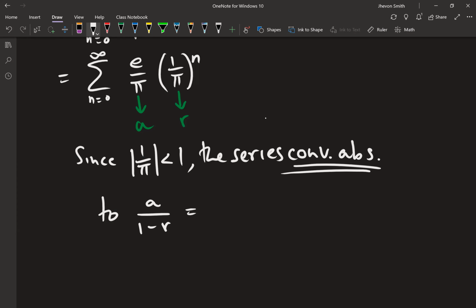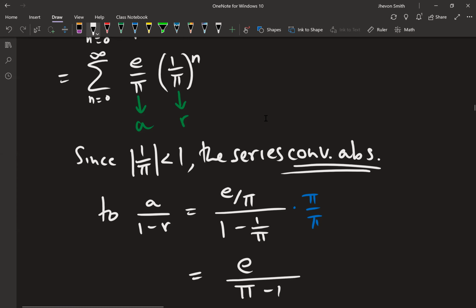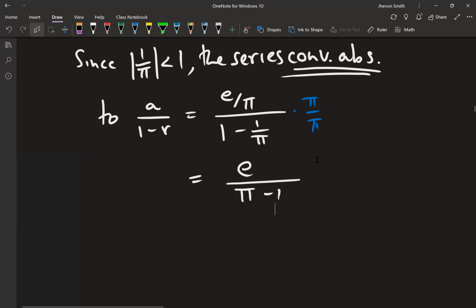Let's actually see. That would look like e over pi divided by 1 minus 1 over pi. I would multiply that by pi over pi, and so it would look like e divided by pi minus 1. Was that what you said? E over pi minus 1. Yes, that's correct. So that's what it converges to.